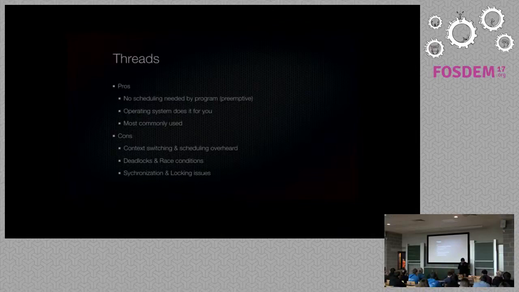Also, it's the most commonly used. Cons are context switching. The operating system keeps switching the context, and because of that it has to store the thread data, which is a scheduling overhead. Then there are deadlocks and race conditions because of this, and then synchronization and locking issues arise.